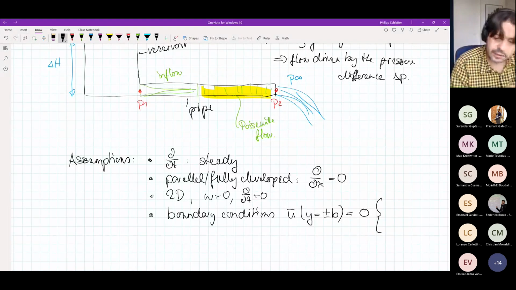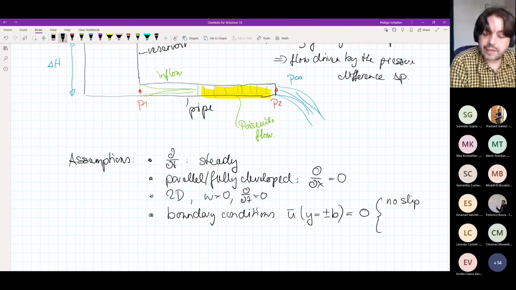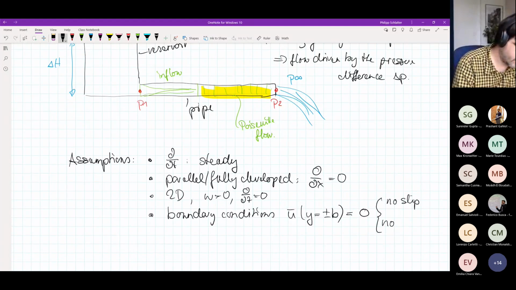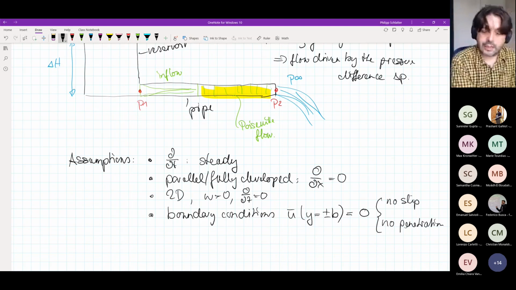That's different than in Couette, because there we had a moving wall. Here, everything is 0. That is a combination of the no-slip boundary condition, which states that the velocity in the horizontal direction, parallel to the wall, is 0, and it also includes the no-penetration condition, which is the velocity in the vertical direction.